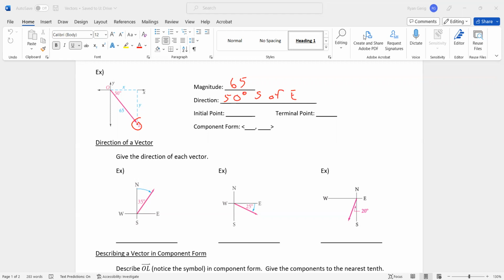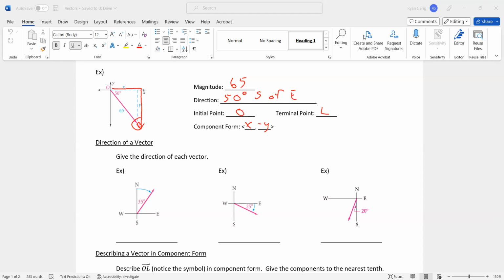The initial point is O. The terminal point is L. Component form for this one is x and then negative y. So the point x, negative y, that's the component form. Again, we'll talk about that in a little bit as well.